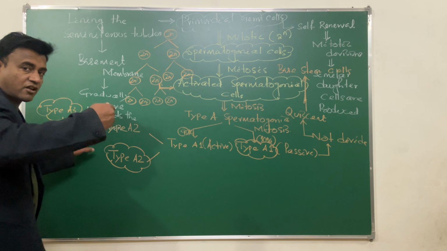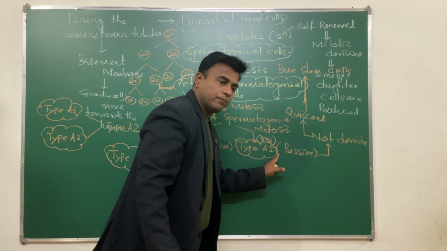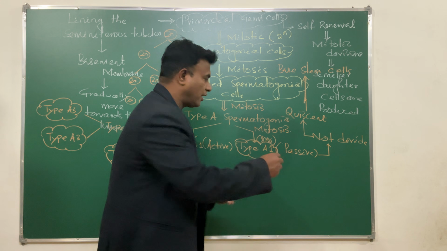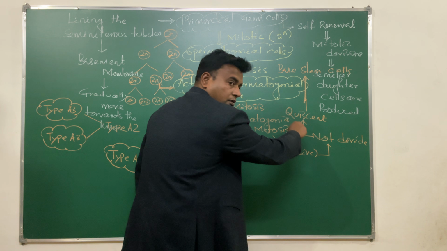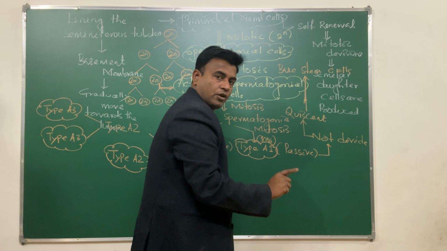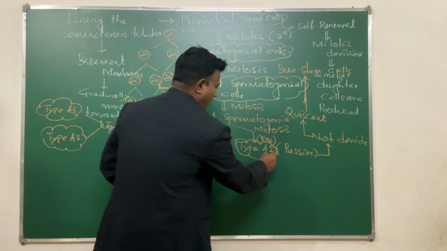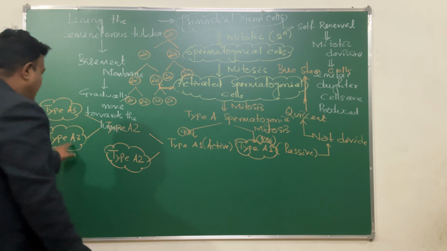Once these 3 successive divisions are over, now this passive or quiescent one, the type A1, will divide to produce again 2 populations. A1 active, A2 active. Or it is just like this, A1, it will go A2, A2, A3, A3, like this.